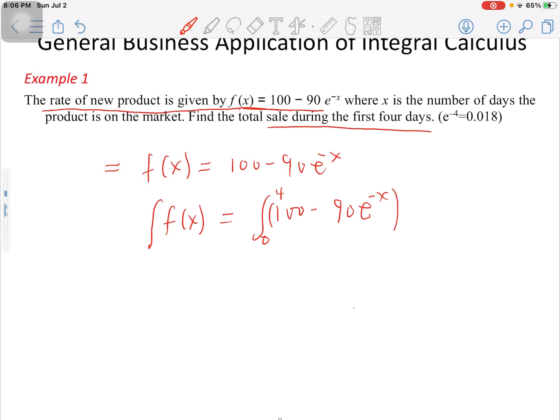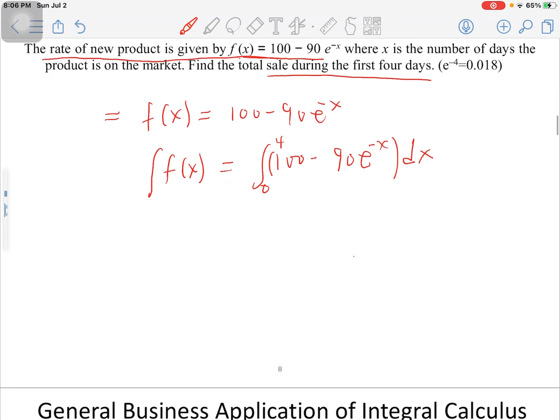And don't forget that we are integrating with respect to x. So integrating 100, we are going to get 100x. And then integrating 90 exponent negative x, we are going to get a negative in front of whatever we have currently, right? So let's see something here.